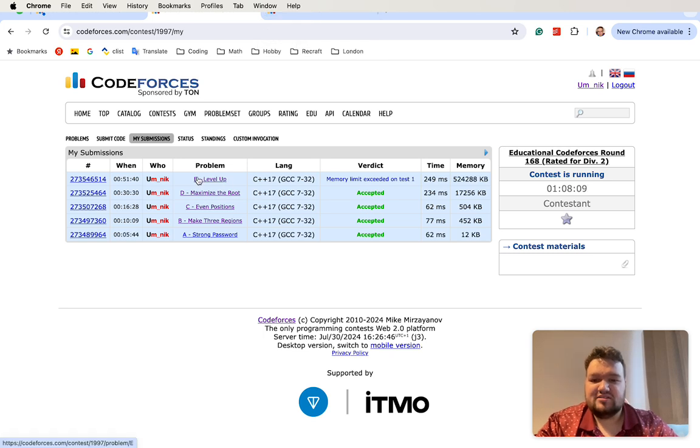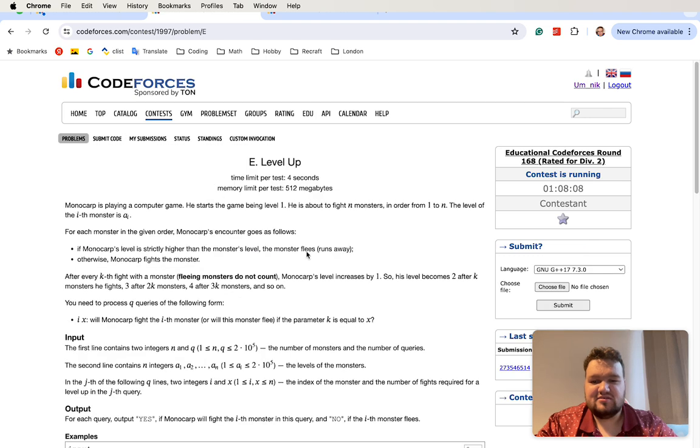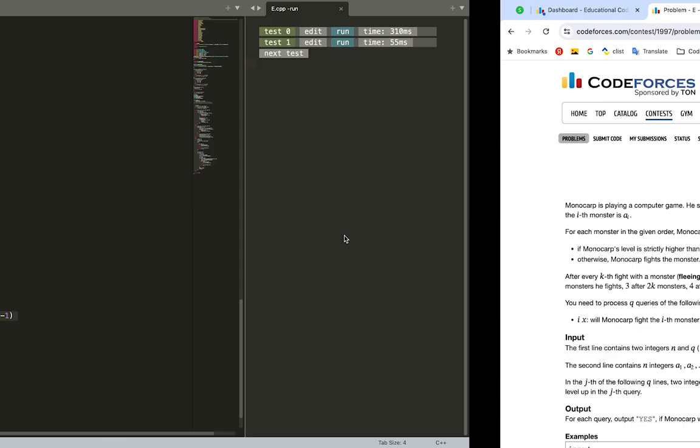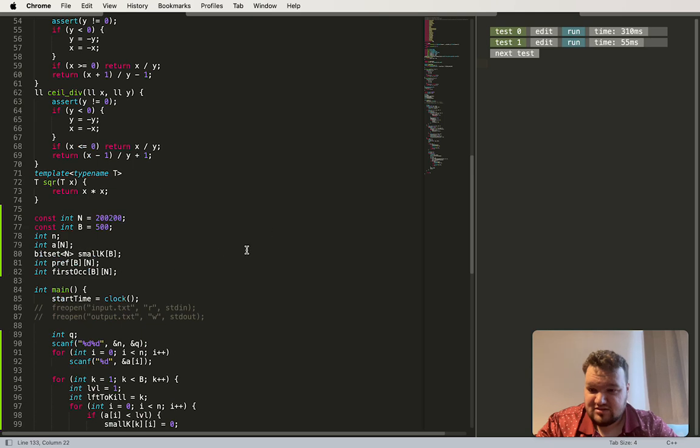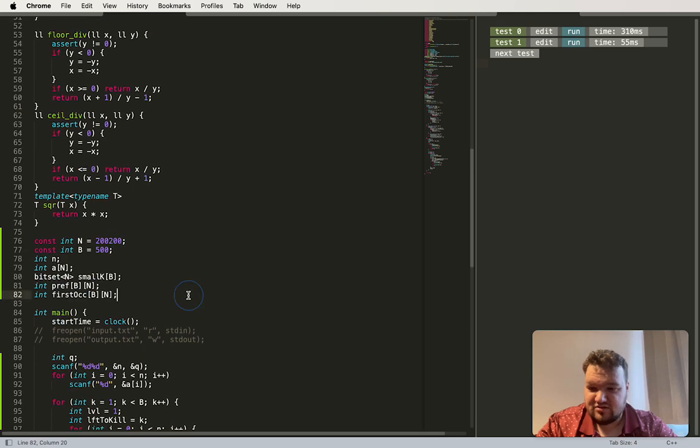Memory limit exceeded. I thought that's a lot. Okay, let's calculate it actually. So this is 10 to the 8 integers, and I have 2 of those, so that's 800 megabytes.